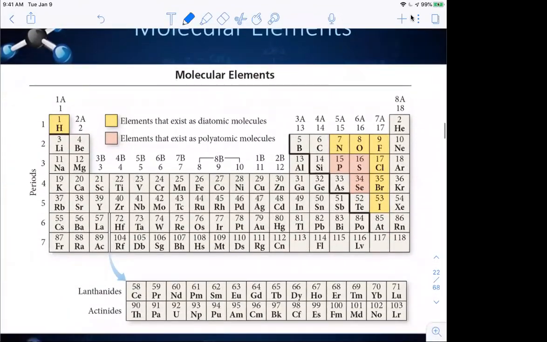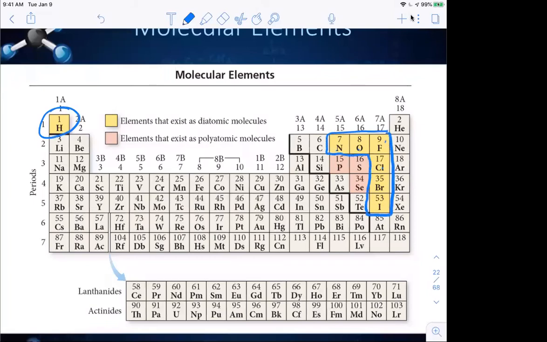And you can actually see on this periodic table that these 7 shown in yellow, most of them form this sort of upside down backwards L, and then there's hydrogen. But nitrogen, oxygen, fluorine, chlorine, bromine, iodine. Notice the pattern.